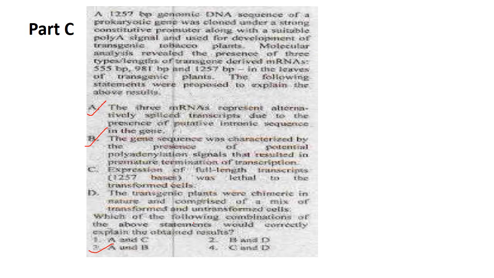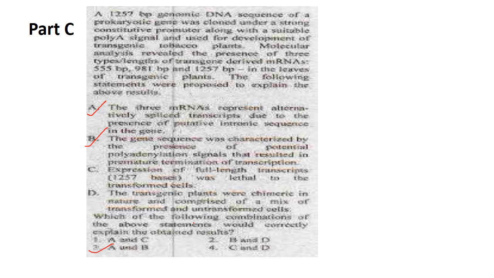Then next one. A 1257 base pair genomic DNA sequence of a prokaryotic gene was cloned under a strong constitutive promoter along with a suitable poly A signal and used for development of transgenic tobacco plants.